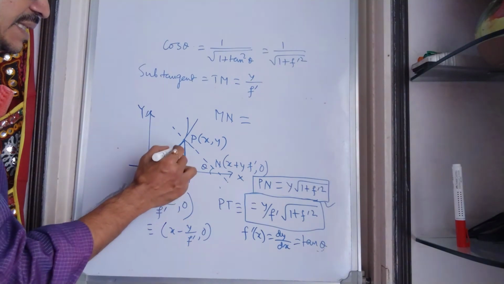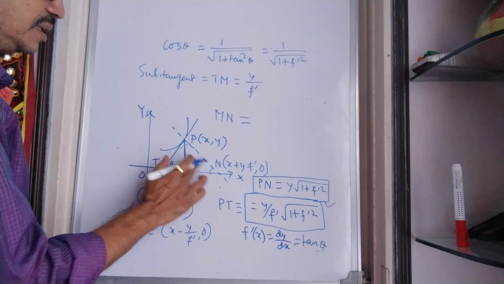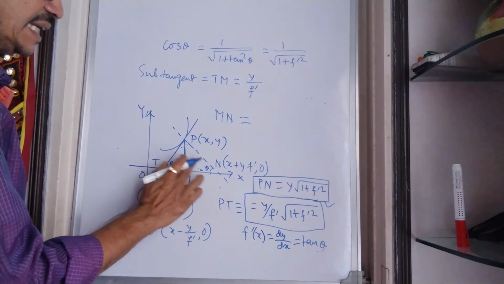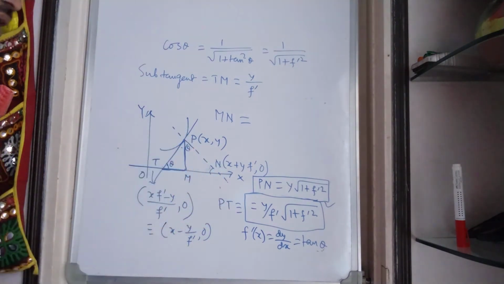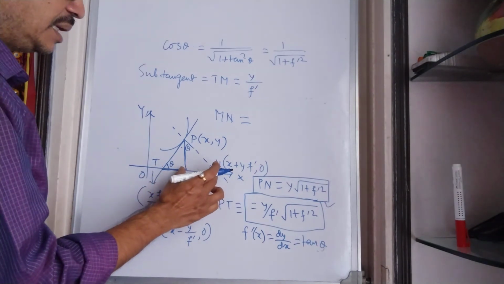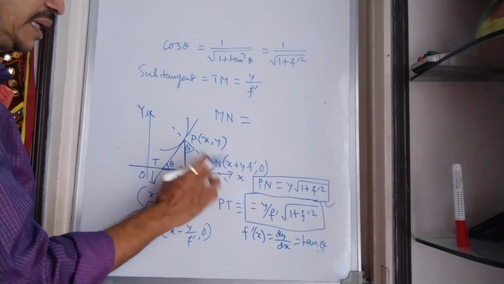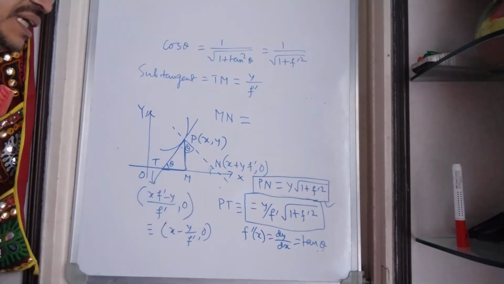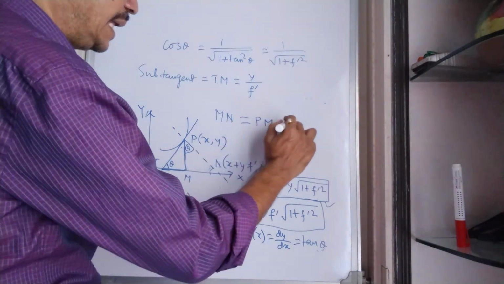So if this is theta, this is 90 minus theta, then this will be theta, and this will be 90 minus theta. From this triangle we can easily see what Mn will be. If this is theta, this is perpendicular by base, so Mn by Pm is actually tan theta. So Mn will be Pm tan theta.